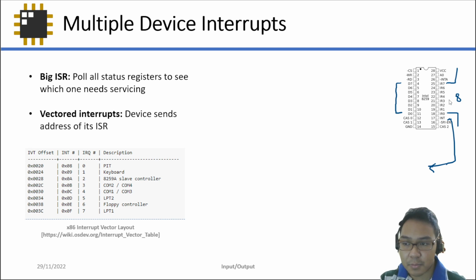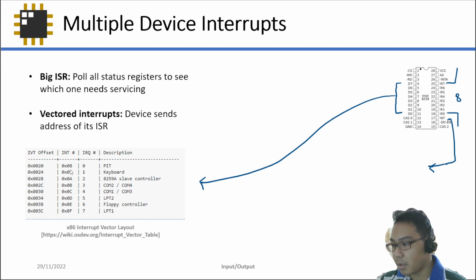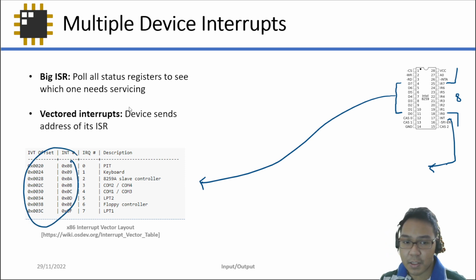And this is associated with each of these interrupt inputs. If, for example, interrupt input number 4 is raised, then the Intel 8259 chip associates a specific number with that spot, which the processor can then use with these two slots of this table.